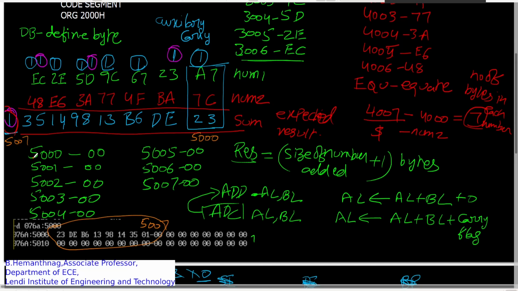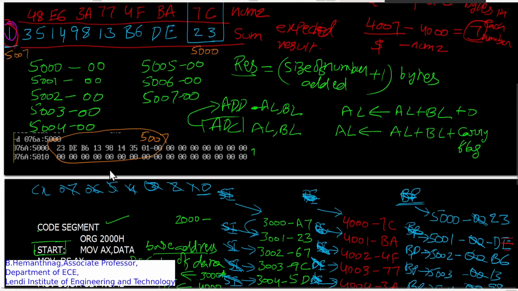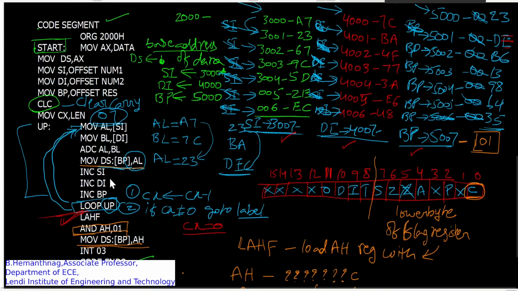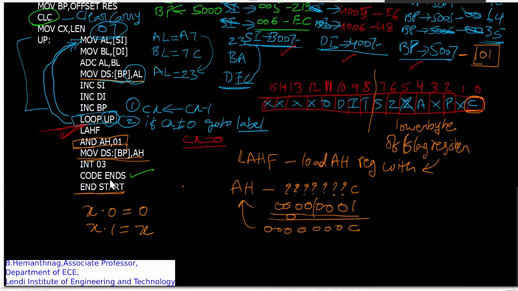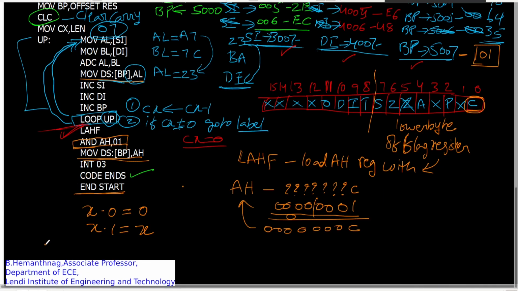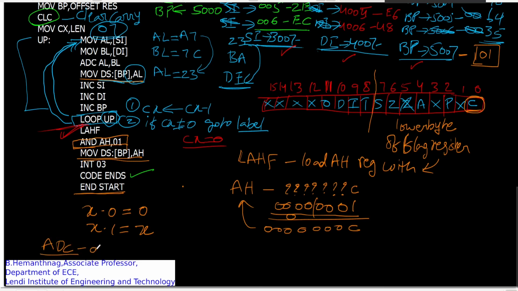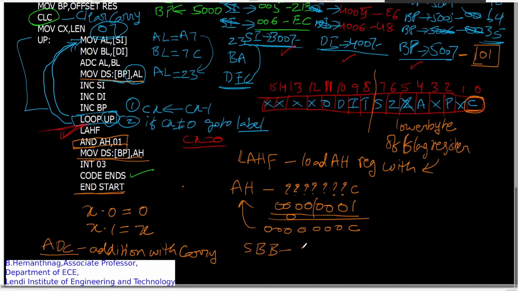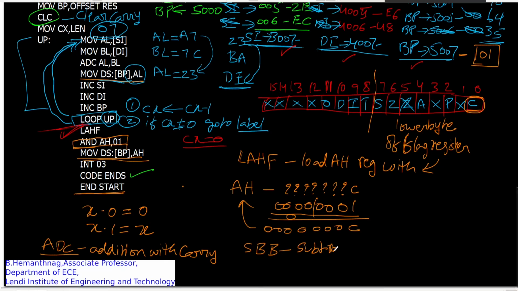In a similar fashion, we can go on with multi-byte subtraction. The only difference is that in the program we have used ADC to perform addition with carry, but in the case of subtraction, I have to use SBB, that is subtraction with borrow.